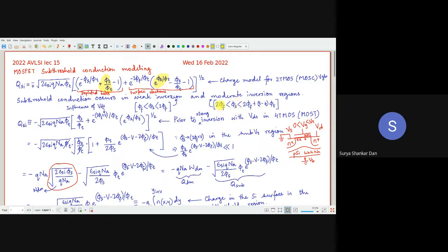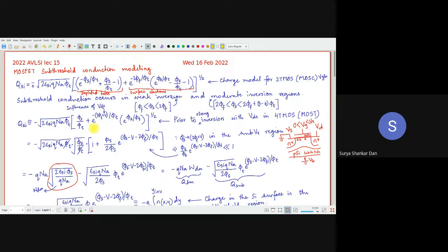Remember, surface potential, I'm not going into that much detail. This was in the moderate inversion region. It's not fully inverted. Strong inversion means fully inverted, that means when the electron concentration is equal to the hole concentration in the bulk. All these were covered in our PMMD. I'm not going into that.